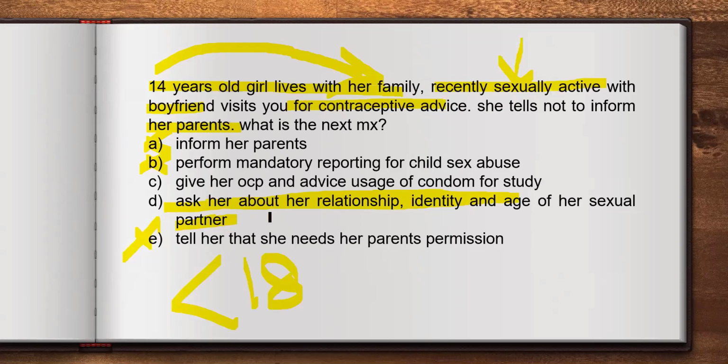The guideline is that a girl less than 18 years old cannot have sexual activity with someone who is more than 2 years older than them. So that's why age is important.